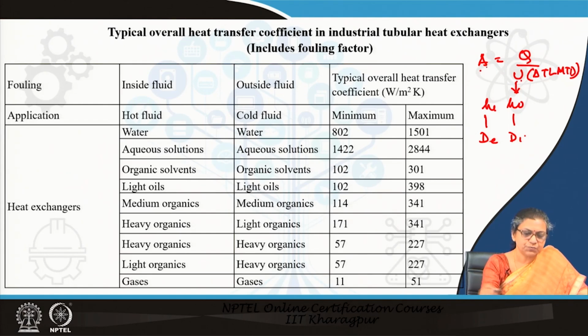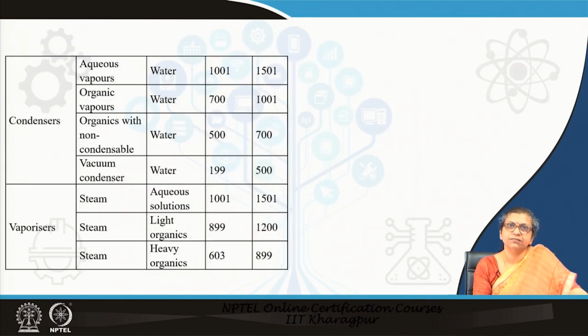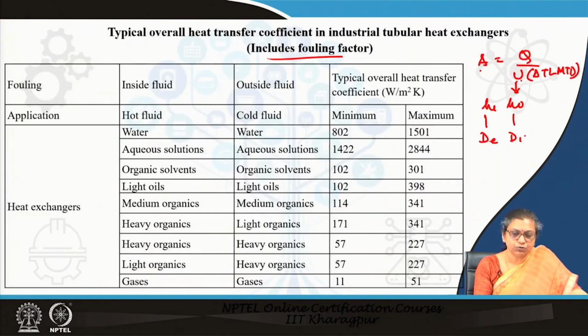So, what is provided here are some typical overall heat transfer coefficients in industrial tubular heat exchangers, including fouling factor, for heat exchangers, coolers, heaters, condensers, vaporizers, etc. So, what you can do is that initially, based on the application, you can select the overall heat transfer coefficient, some average between the minimum and maximum.